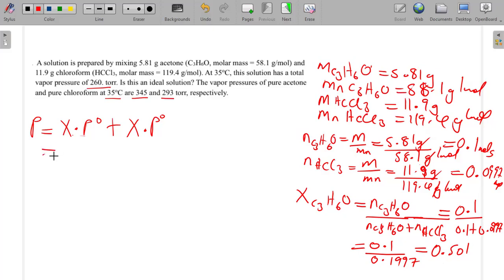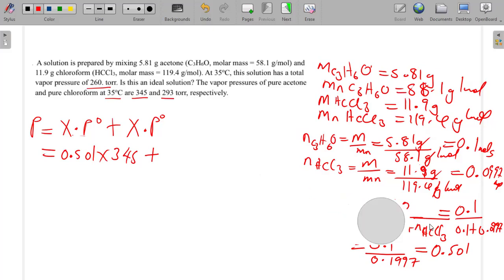So I can put the mole fraction for acetone, which is 0.501, multiplied by the vapor pressure of pure acetone, which is given as 345, right? Then plus, now we do the same here. We have to calculate the mole fraction for chloroform as well.